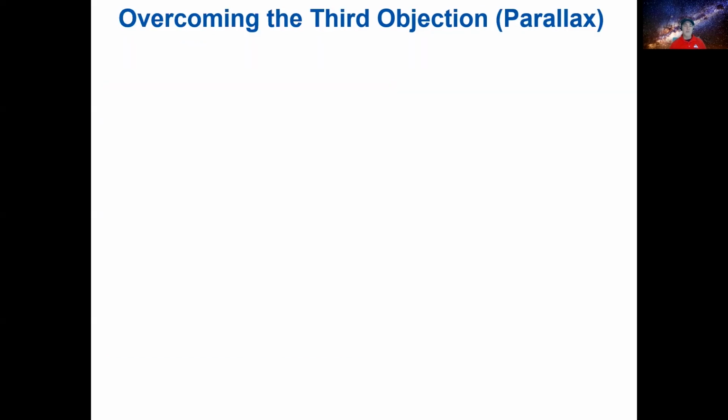The third objection was about why stellar parallax was not detected if Earth was really orbiting the Sun. The lack of detectable parallax has two possible explanations. One, stars are so far away that we can't measure it. Or two, Earth is unmovable at the center of the universe.